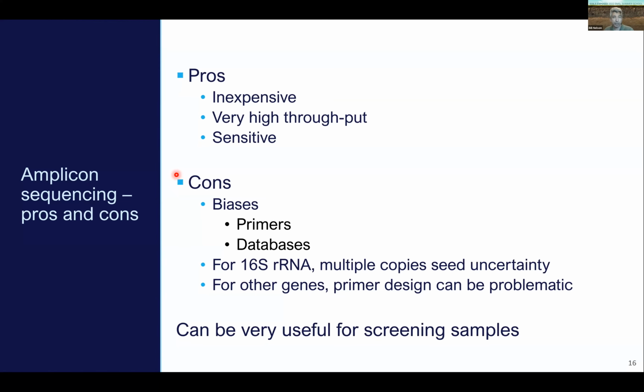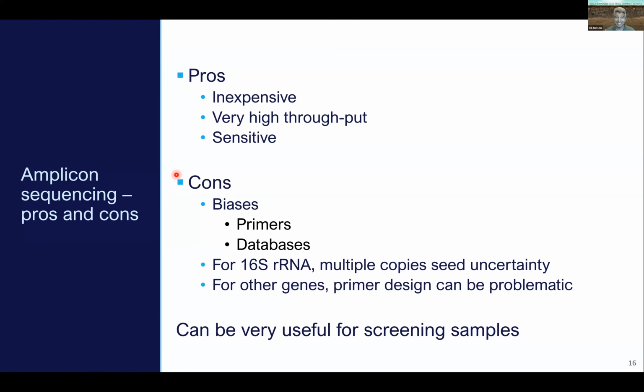The cons are there are biases in the primers. If you're doing 16S sequencing, there are different regions of the 16S that you can target, and there are attempts to make universal primers against most of these sites. The universal primers are usually pretty good, but there are known problems with detection of certain taxa, and I'll show an example of that later on.